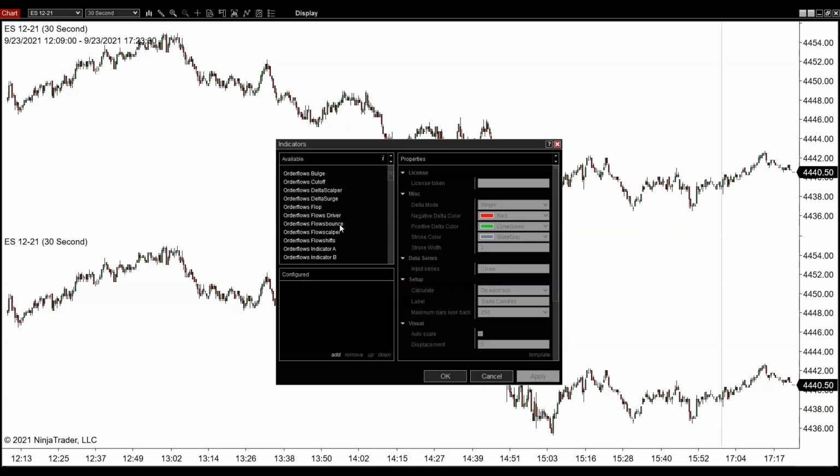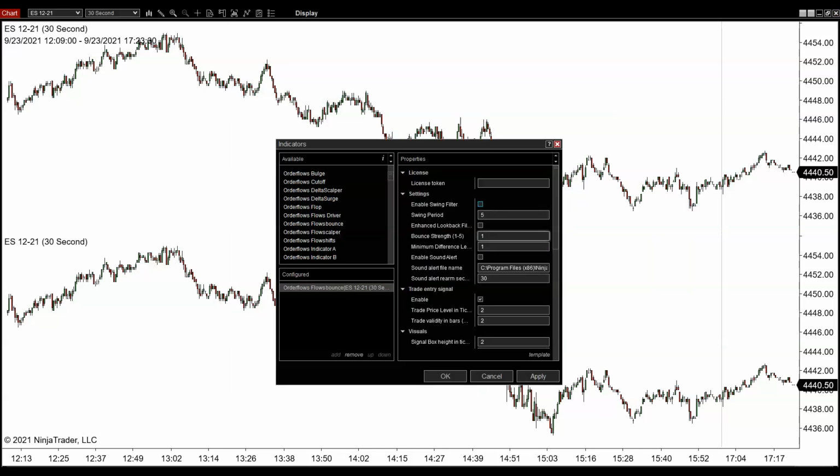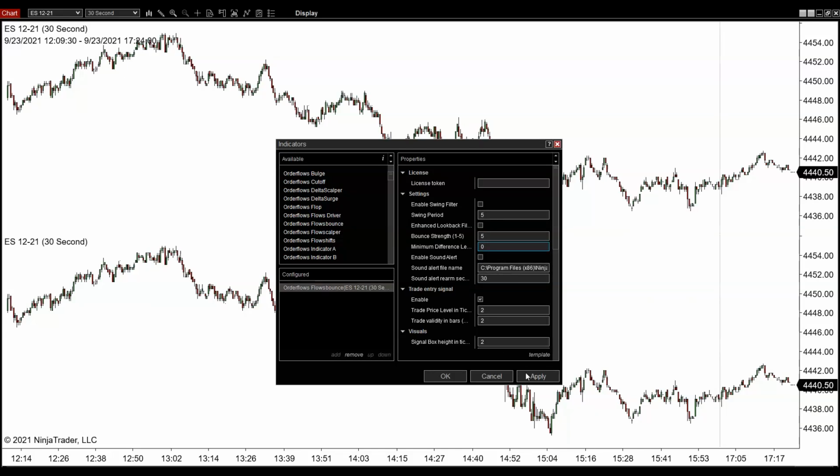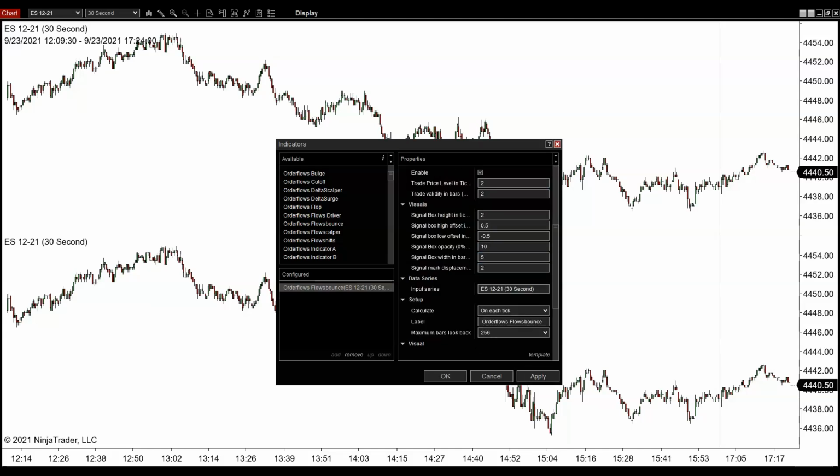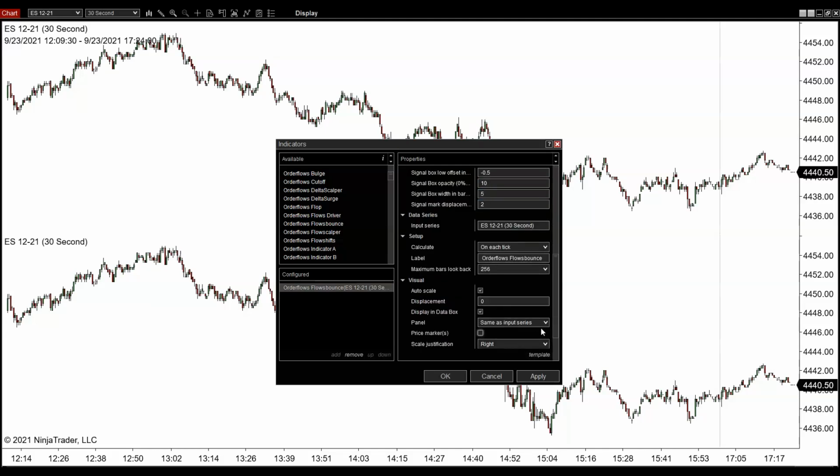Where are we here? Flowsbounce. Disable that. I'll keep this one as the strongest, the pure sense. 050, same as input series. Okay. Then I'll add the other one on here.